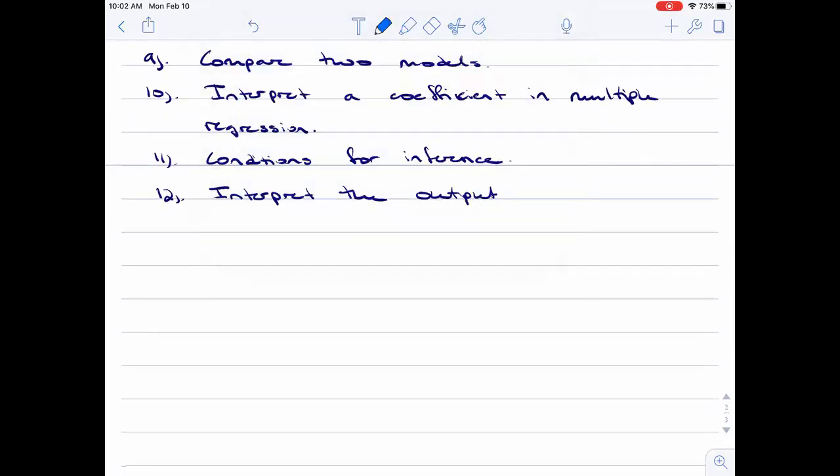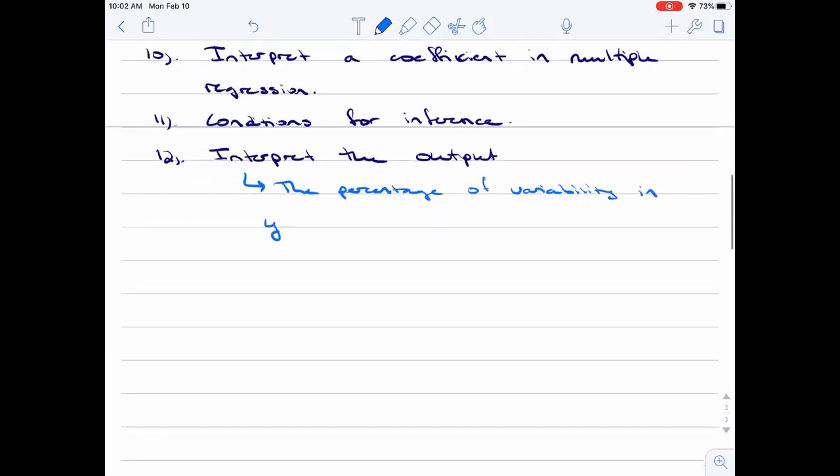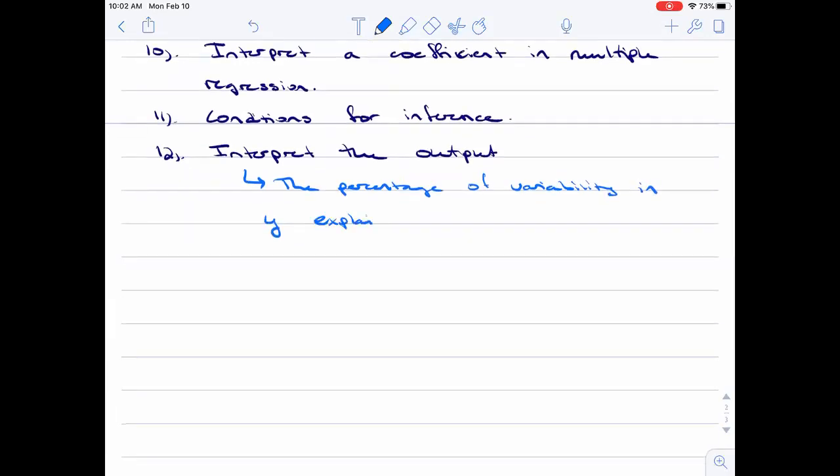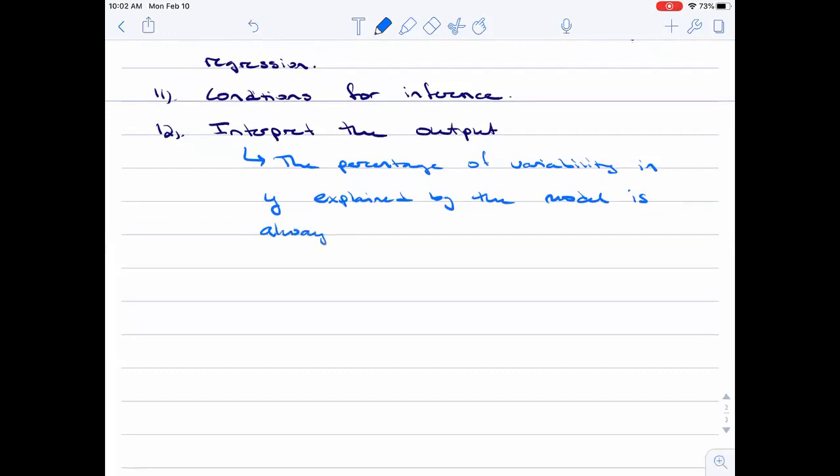Completely unrelated, but a side note that I would like to put here, it's not completely unrelated, no. The percentage of variability in Y explained by the model is always R squared, even in multiple regression.